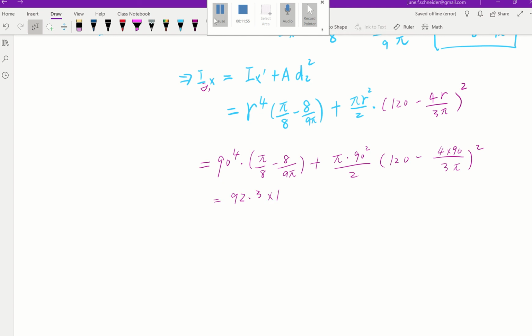After putting it in the calculator, this is what I got: 92.3, or you might get 92.2, not a big deal. And this has a unit of millimeter to the power of 4. So that's going to be our semicircle.